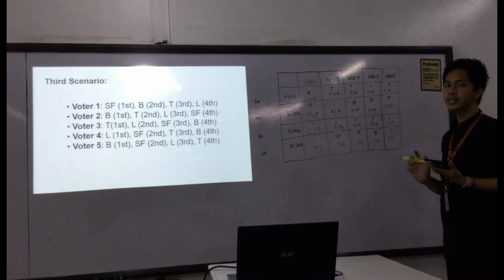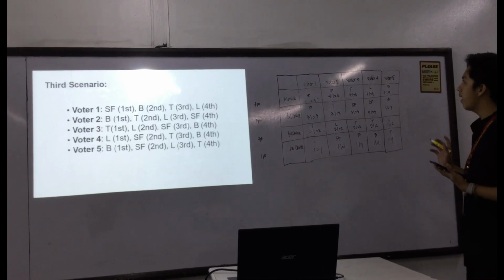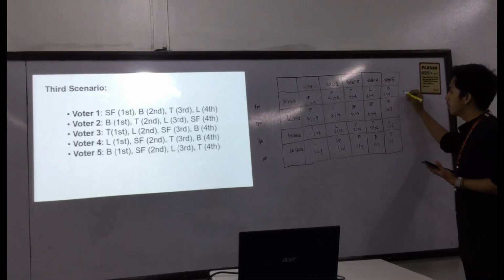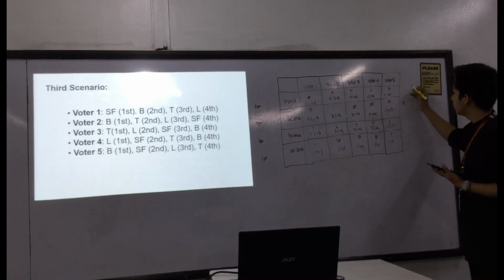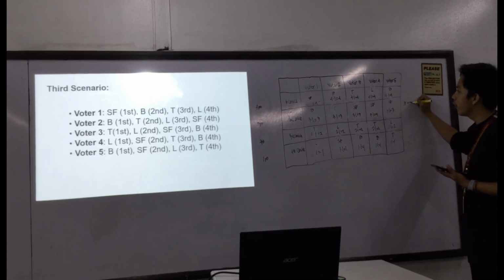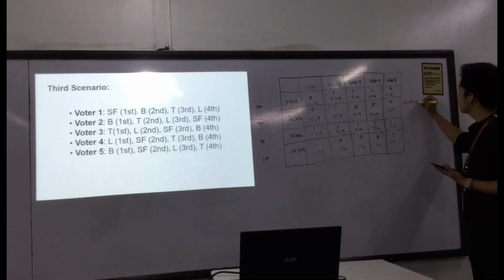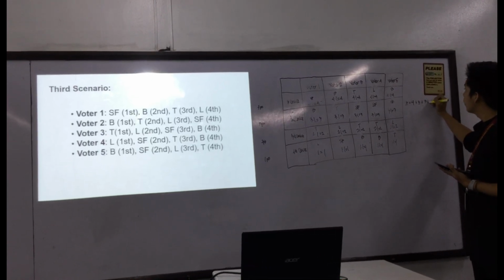Let's now have the summation of all candidates. So SF is equal to 4 plus 3 plus 3 plus 3.